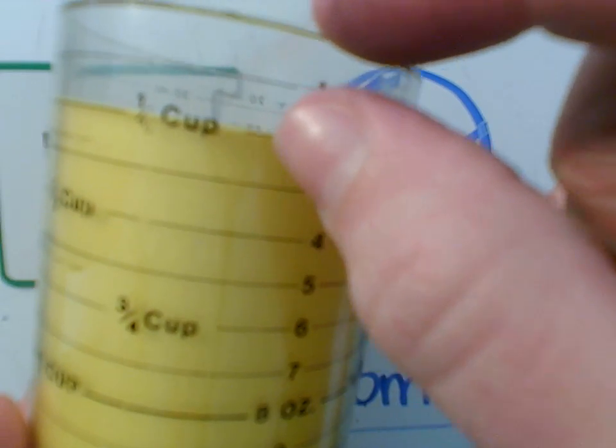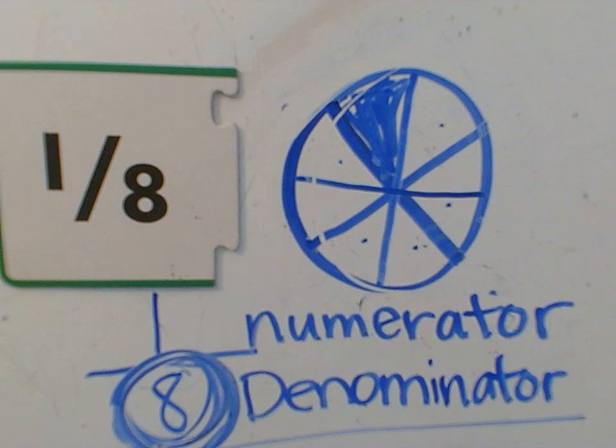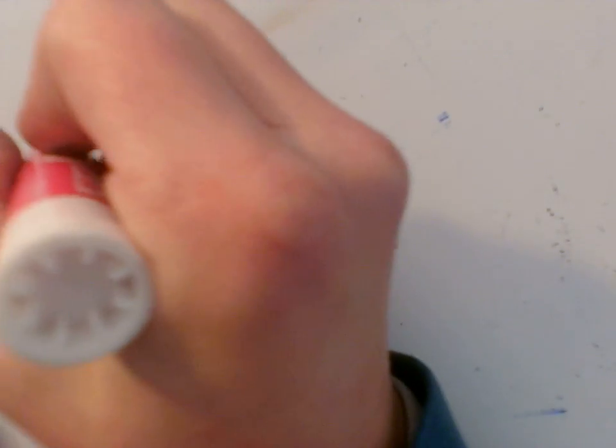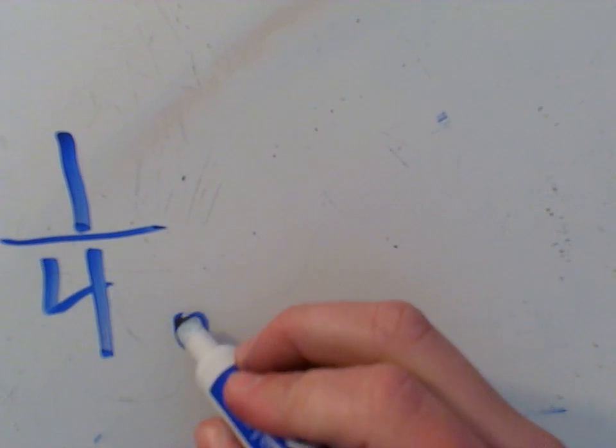So 1, 2, 3, 4, 5, 6, 7, 8 of those chunks are in 1 whole cup. Okay, I'm going to show you a little better example of that by doing 1/4.